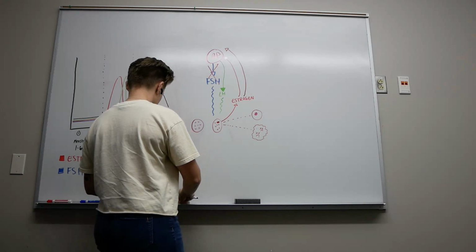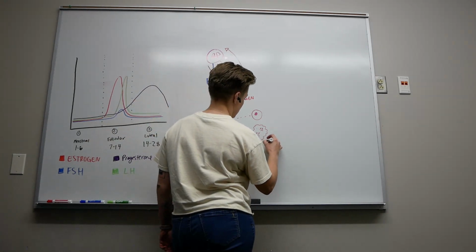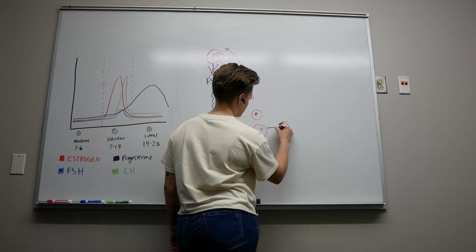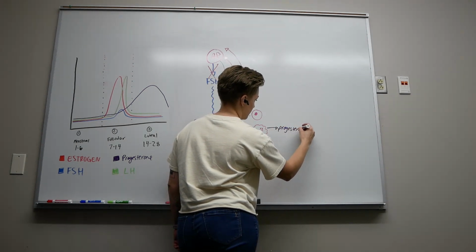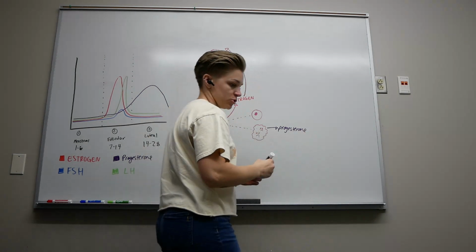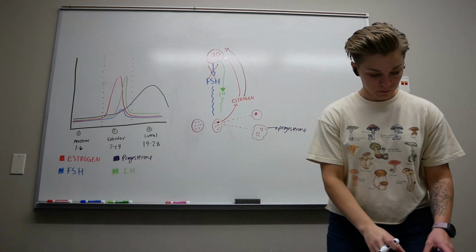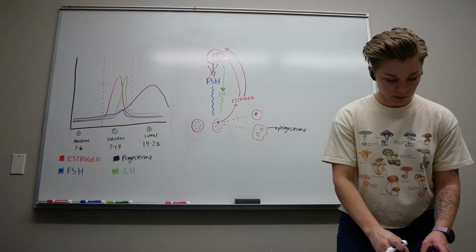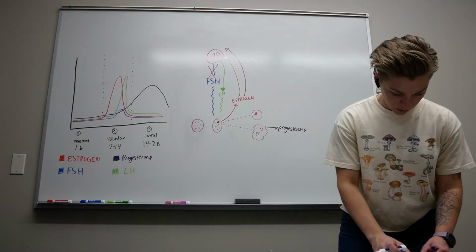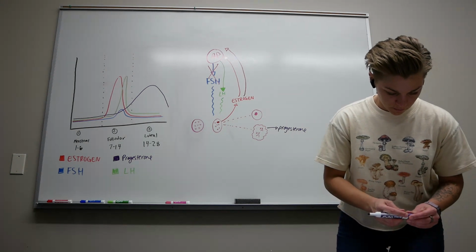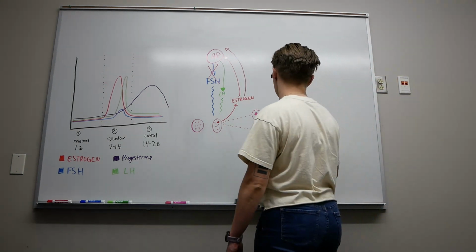Because they are dying, they then secrete progesterone. And the progesterone is what completes the thickening of the uterine lining.